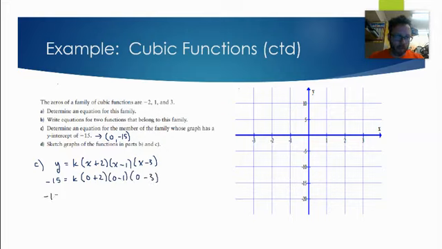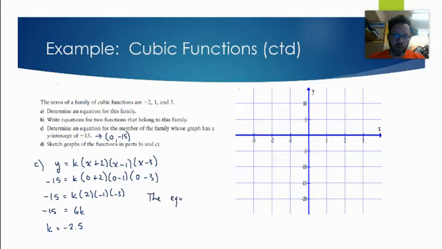And then we just got to work this out. 2 times negative 1 times negative 3, which gives us 6. So k is negative 15 over 6, which works out to negative 5 over 2, or negative 2.5. So it's totally fine to use a decimal here. So we got C done.